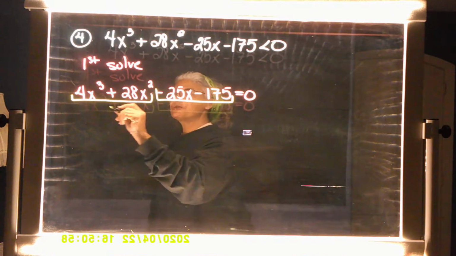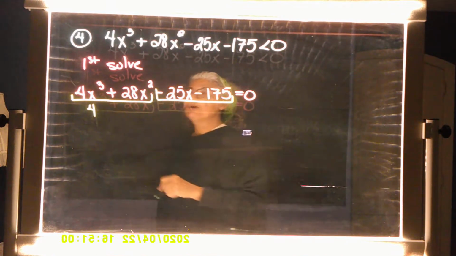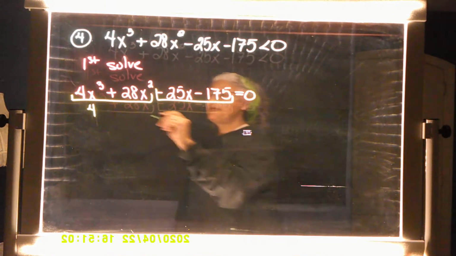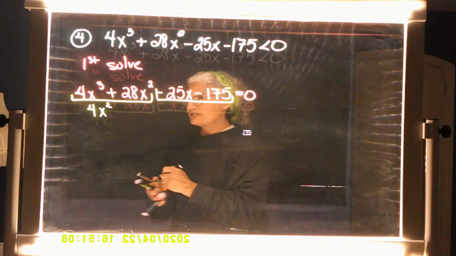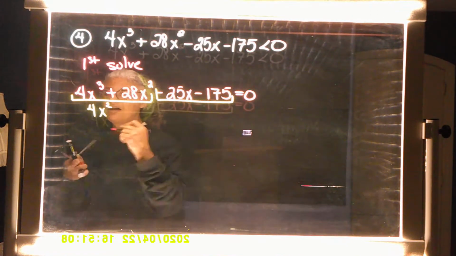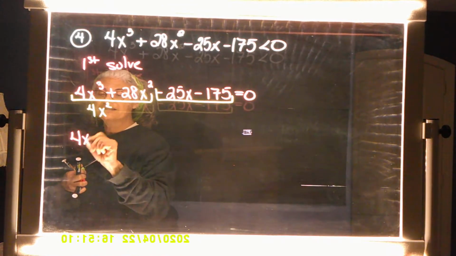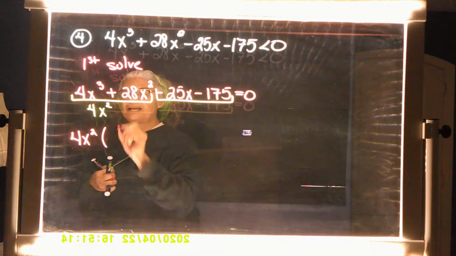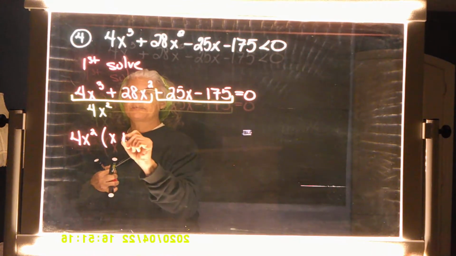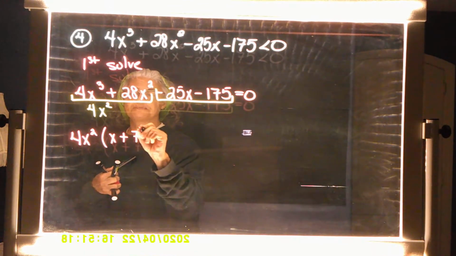Well, I noticed the first pair, they both have a 4 in common, and they both have an x squared in common. So I am going to take out of the first pair a 4x squared, which will leave me x, and then a positive 7.